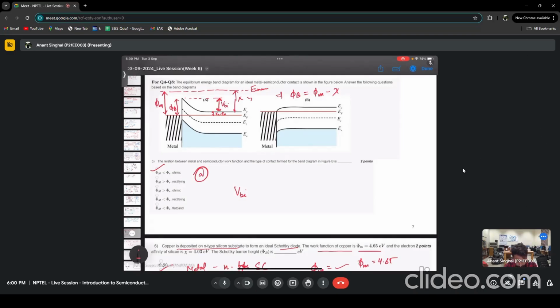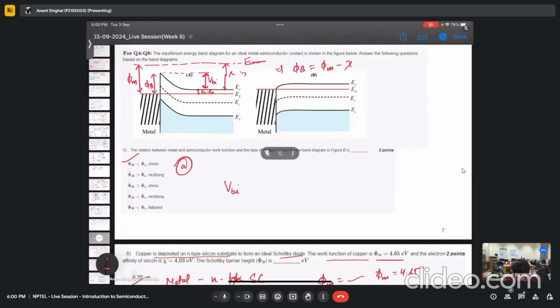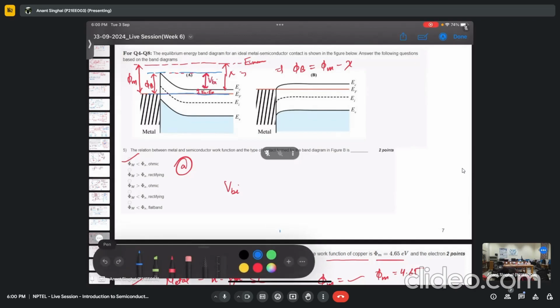So maybe I can use some different ink. So you can clearly see this blue line.